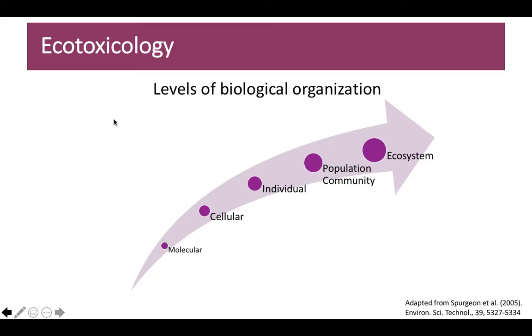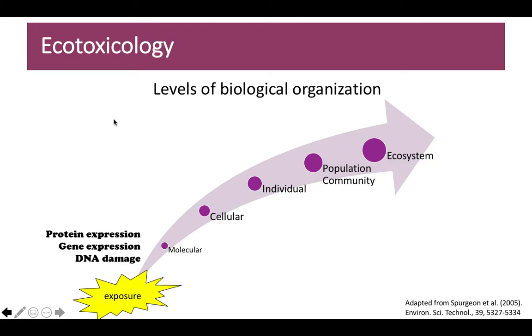There are different levels of biological organization where these effects can be observed. And it all starts with the exposure, which will affect first the lower levels, starting with the molecular level. So we'll have effects on protein expression, gene expression, DNA damage. It will be followed by effects on the cellular level, such as energy allocation and the functions of the organelles.